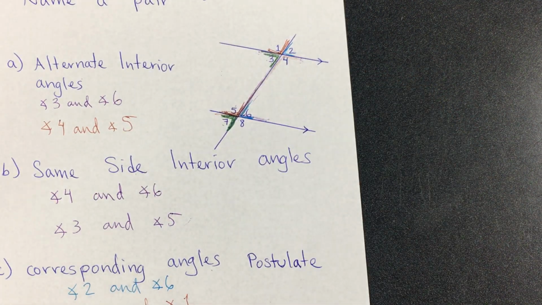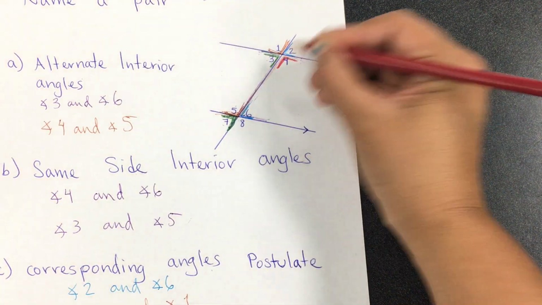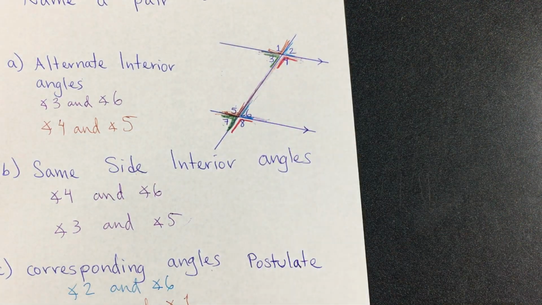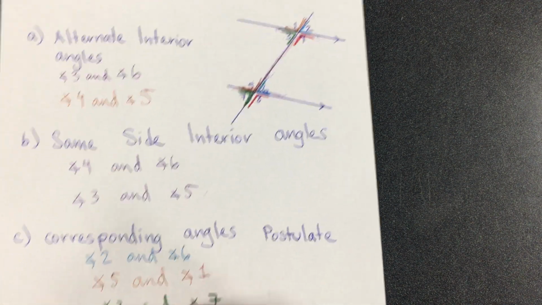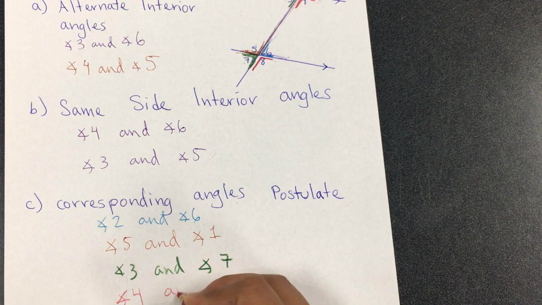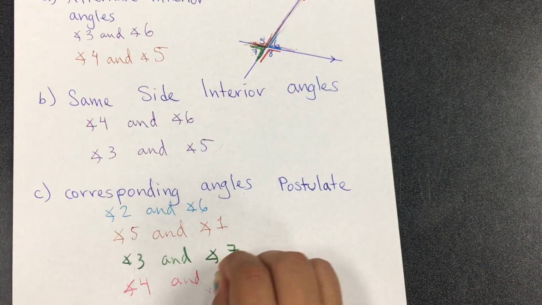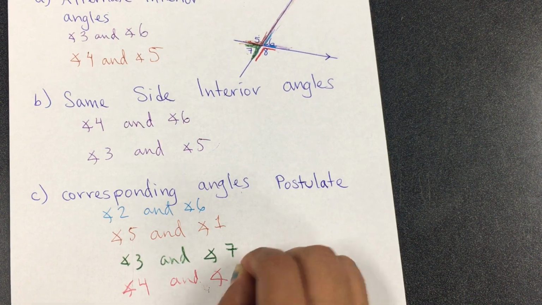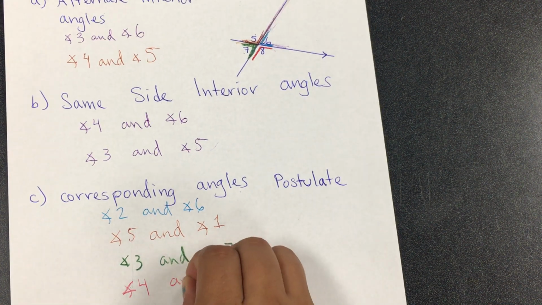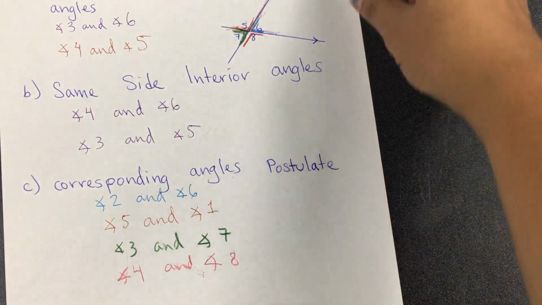And then we also have angle 4 and angle 8. Okay, let me see if I can write in here. Whoops, it broke. Angle 4 and angle 8. Okay, so if they ask you for a pair, you can just write one of them, but that's how you would find it.